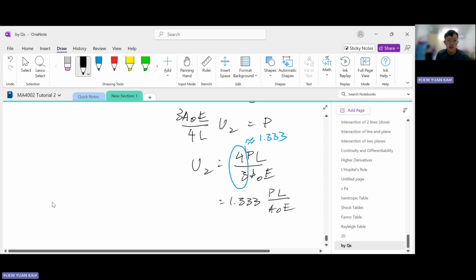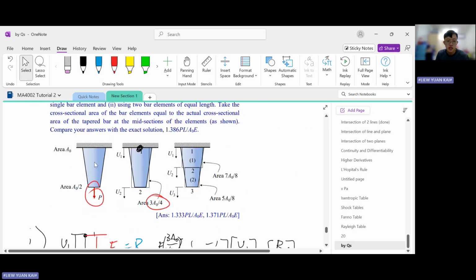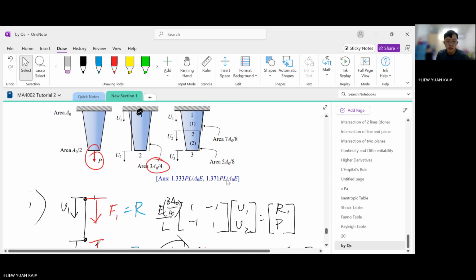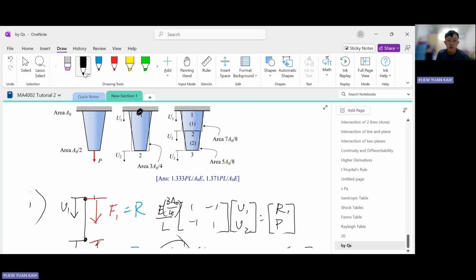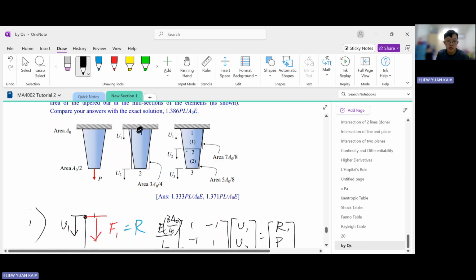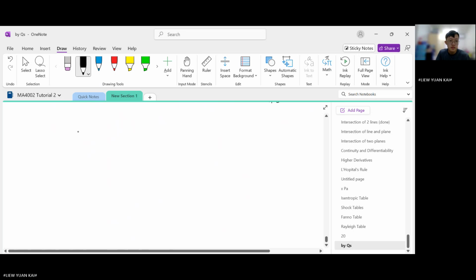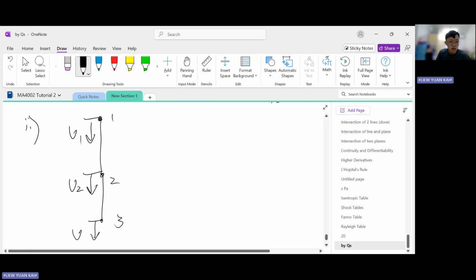Now let's move on to the second question. The second question is a step model now. So question 2 is like this. We have nodes 1, 2, 3, with U1, U2, U3.